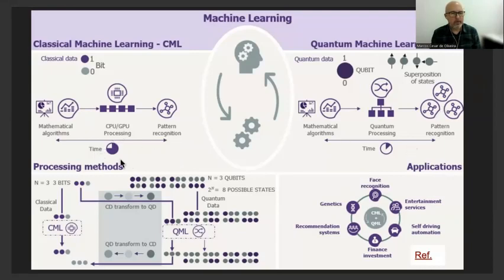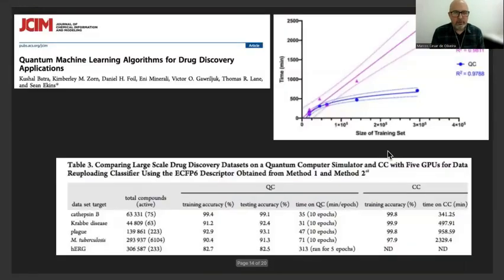So if you compare the time for processing of the general classical machine learning, and you compare to what is promising quantum machine learning, we have a very nice future to look upon. Here, for example, there is an application which was shown a few years ago.